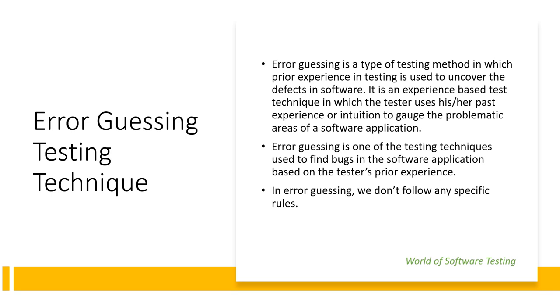Some of the factors that can be used to guess the errors are the tester's intuition, which is important to have while doing error guessing, and lessons learned from past releases.